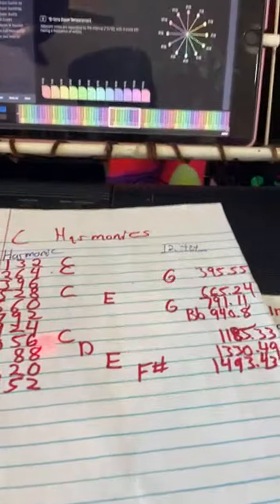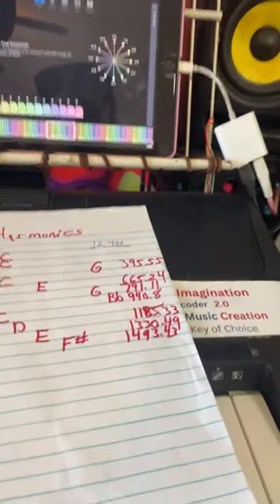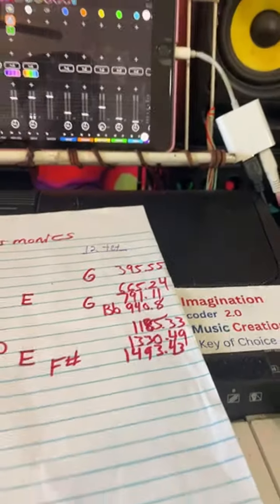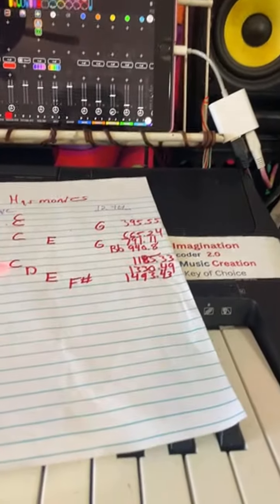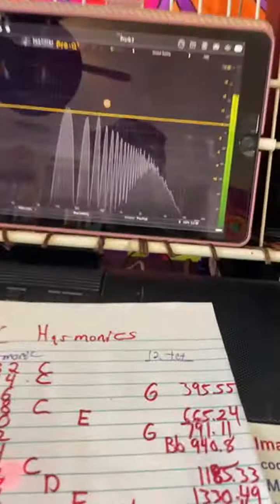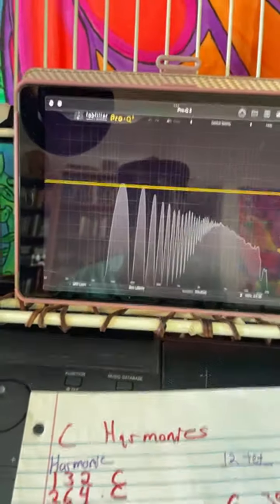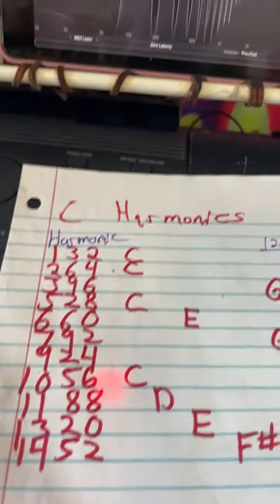And let's just look for a second, because this can demonstrate something pretty interesting. I'm playing the C, and you'll see it there near 132. That's the frequency of the sound I'm playing, and it generates all these other harmonics, which are these numbers I'm just talking about over here.